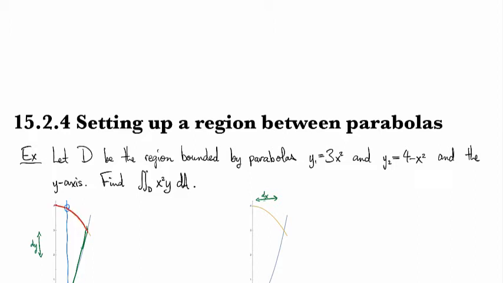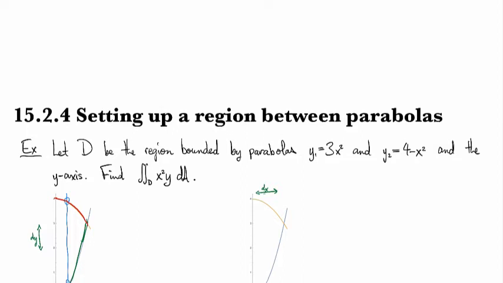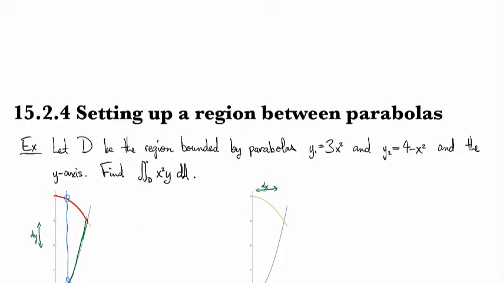In other words, we're going to start at y1, and we're going to stop at y2, and y2 is 4 minus x squared.